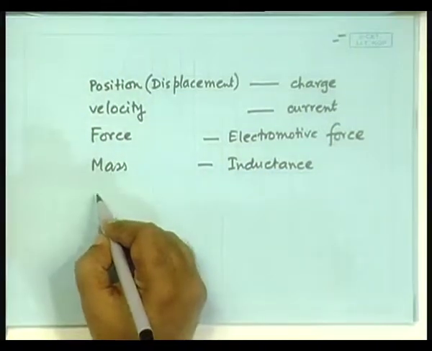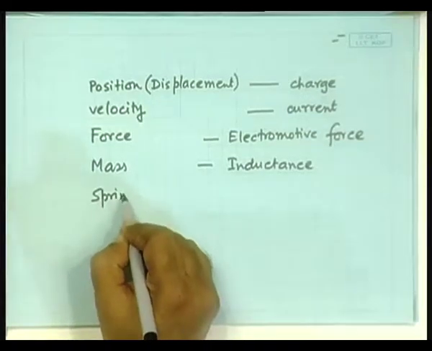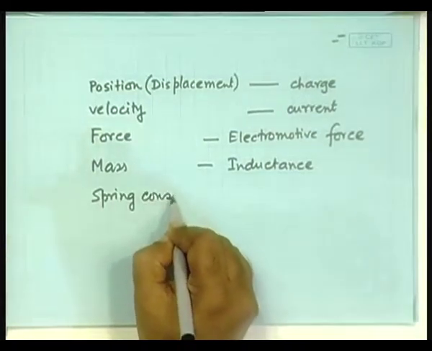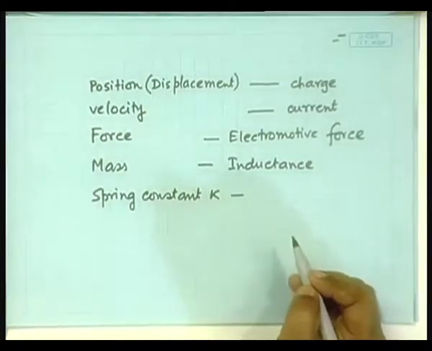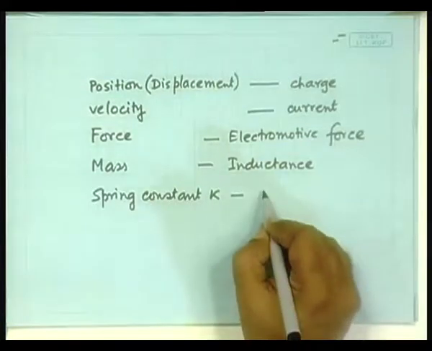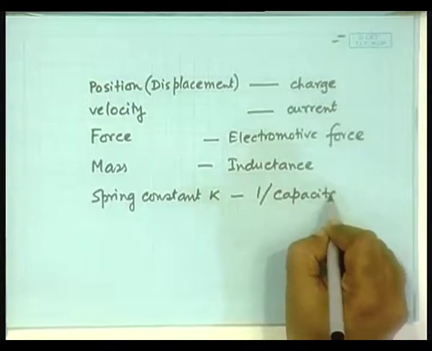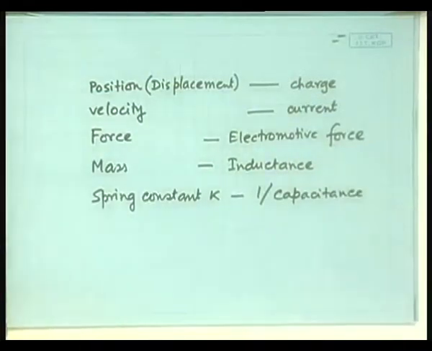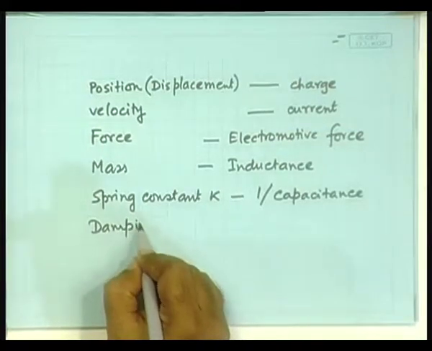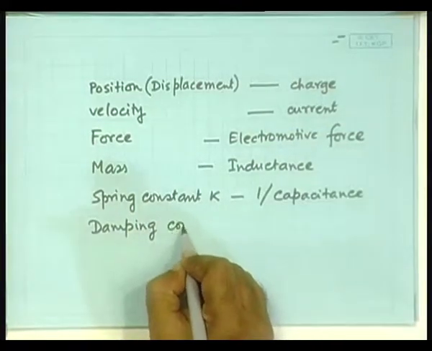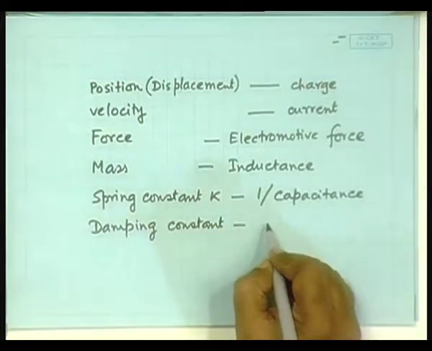Then you have spring constant, K, that is equivalent to 1 by C, 1 upon capacitance. The damping constant or frictional coefficient is equivalent to resistance.